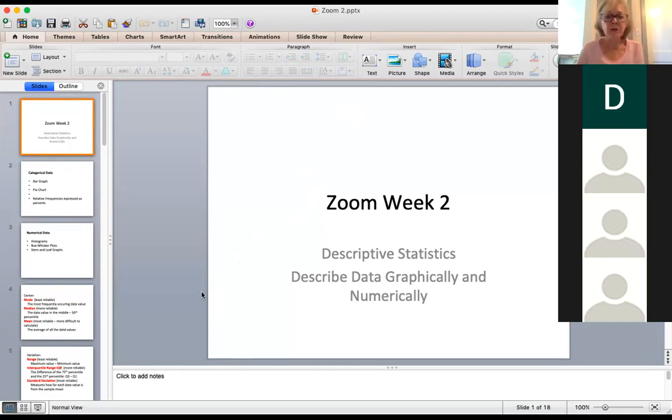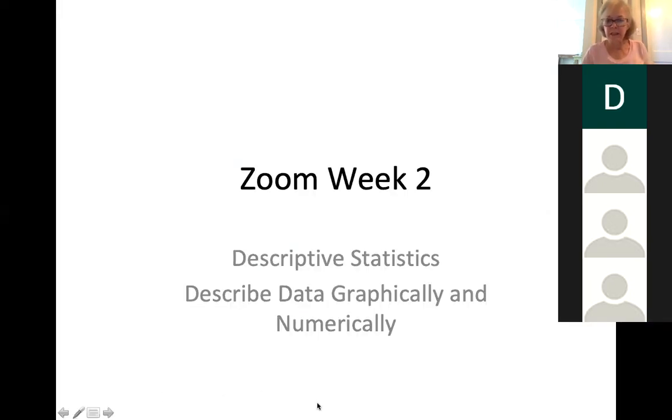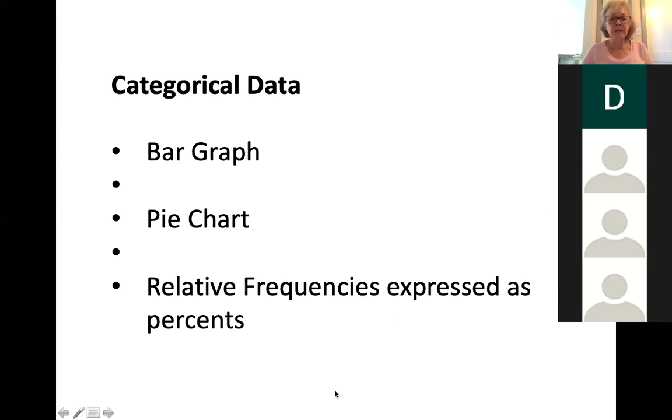So we're going to be talking about descriptive statistics and how to summarize things graphically and numerically. So that being the case, let's move on. If we've got categorical data, what we are going to do is draw bar graphs or pie charts. And categorical data, if you recall, is data that doesn't have units.